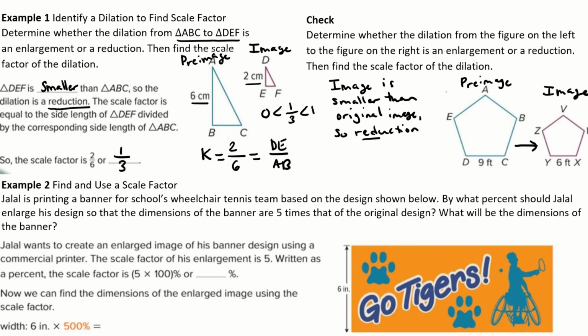Then we have to go image divided by pre-image. We take the image here and divide it by the pre-image there. So K is equal to image over pre-image. There you go. And we can divide this by 2. No, actually we can divide it by 3.